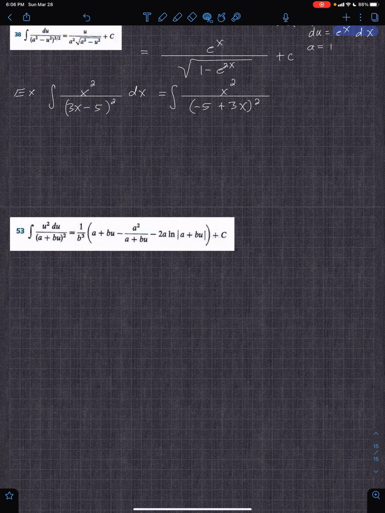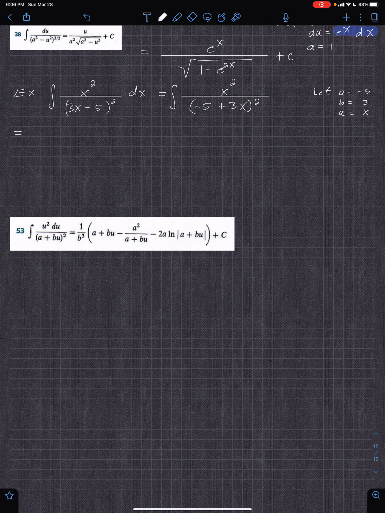And so take a moment here and see if you can figure it out. You want to let A be something, and what's your B, and then what's your U. See if you can make it look like that. This one's actually easier, I think, than above. So A is negative 5, B is 3, U is just X. That's it. Once you figure that, then you just plug it in.